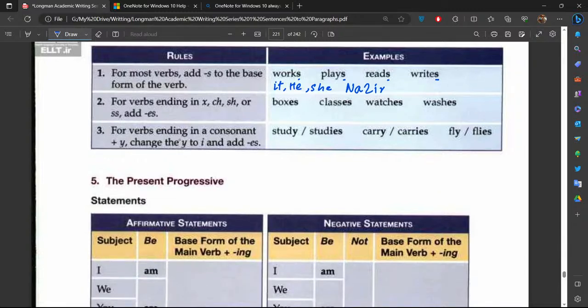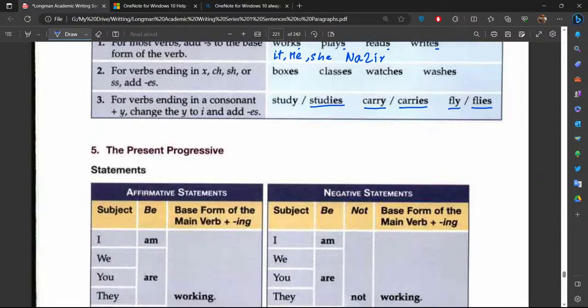For verbs ending in a consonant plus y, change the y to i and add es. Studies, carry, carries, fly, flies. So he studies, she carries, it flies.